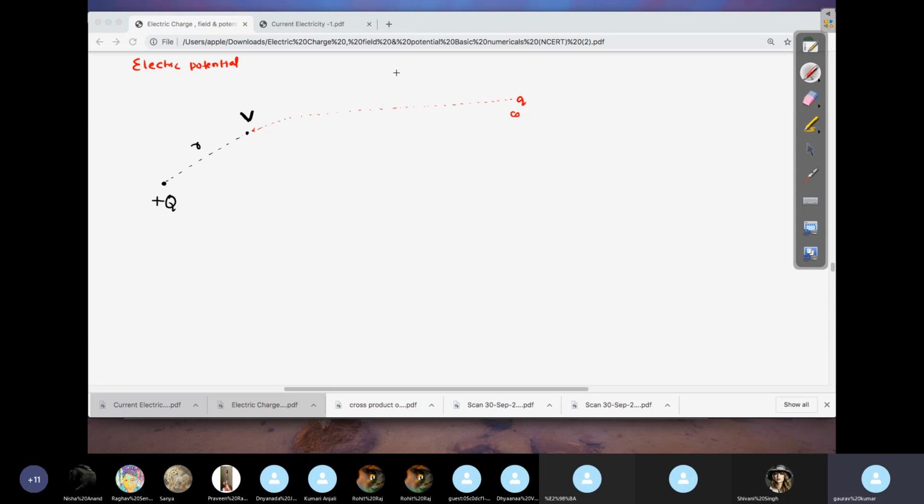So obviously, when you say quasi-static, the agent is also doing work, because this will definitely have a force due to this. Net force has to be zero. So whatever work the external agent does to transfer it from here to here, that work done gives the potential at this point, let's say potential is V.